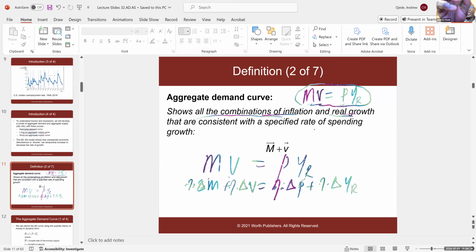The percentage change in money supply we can write as M with an arrow pointing up, a growth rate in money supply, plus a growth rate in velocity, which we write with an arrow too. That must equal the growth rate in the price level plus a growth rate in real output, or real GDP.